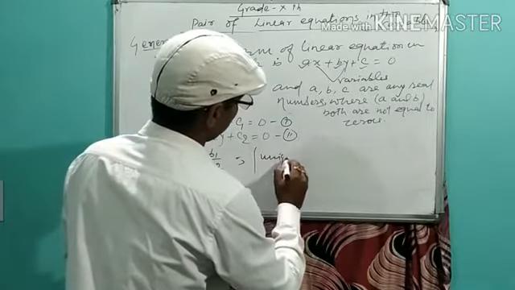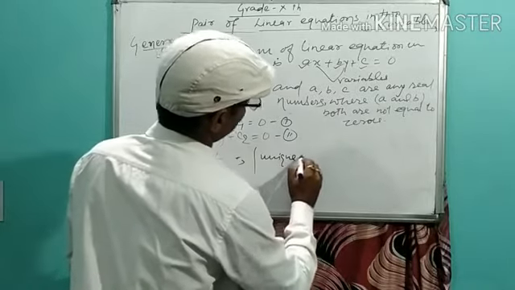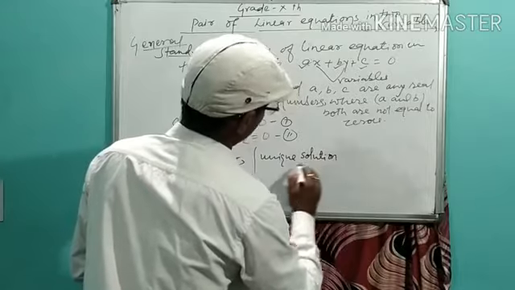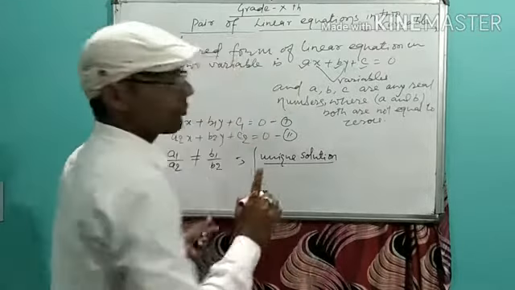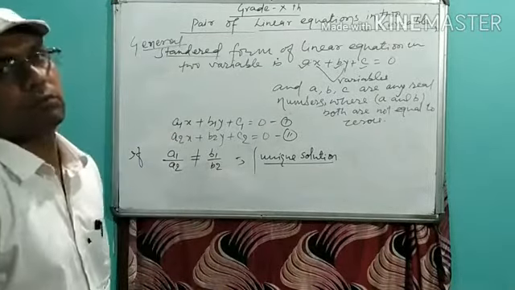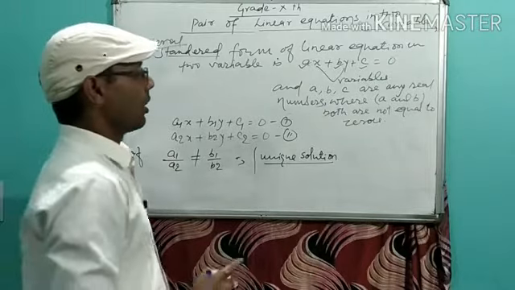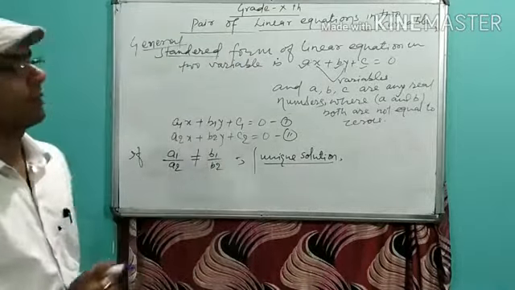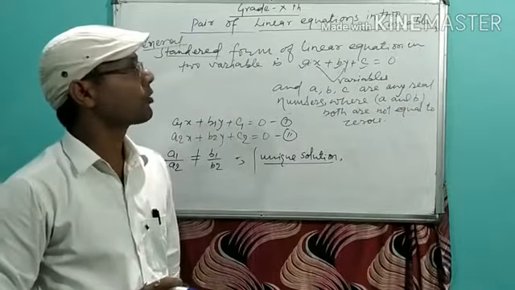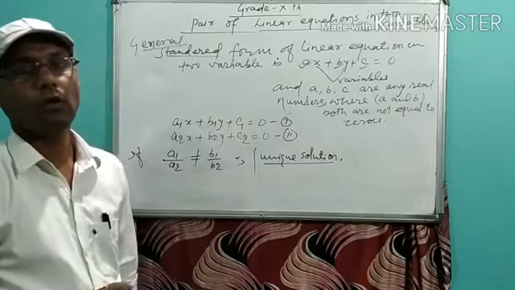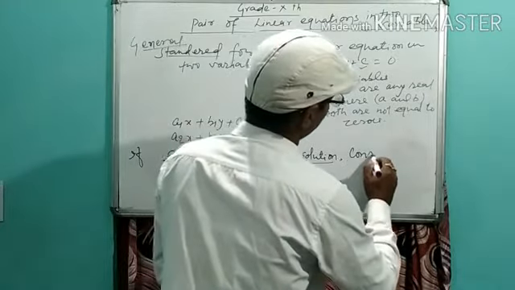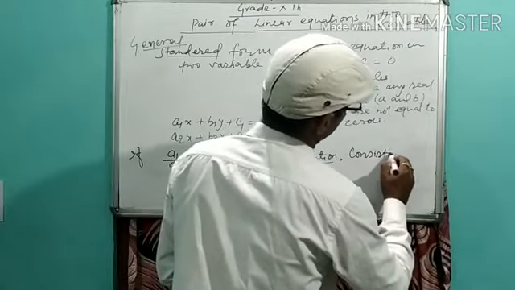Unique solution. We get unique solution, that means 1. And which type of pair of linear equation in two variable will be consistent? Consistent.